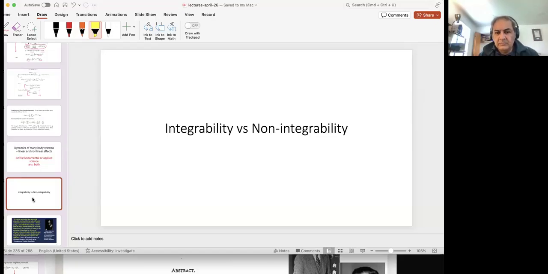Now, there are nonlinear equations that have emerged over time, and I'll soon show you some of them, that pertain to integrable systems. That means they can be directly integrated. And then there are those equations that cannot be directly integrated. See, integration is not a guaranteed process. Differentiation is. Integration may or may not be possible.